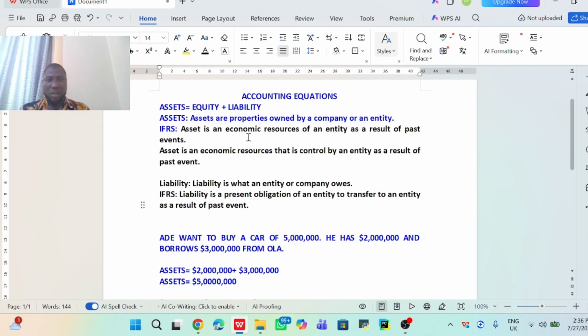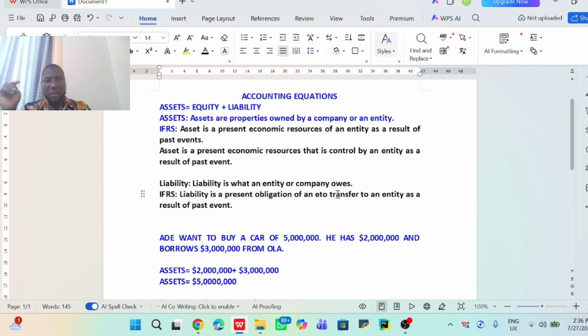An asset is a present economic resource that is controlled by an entity.